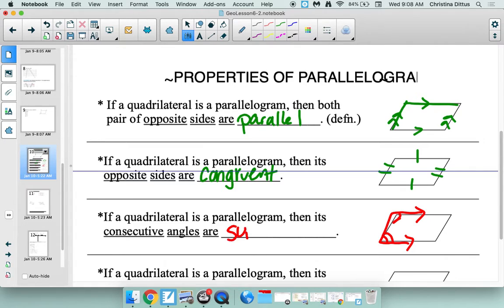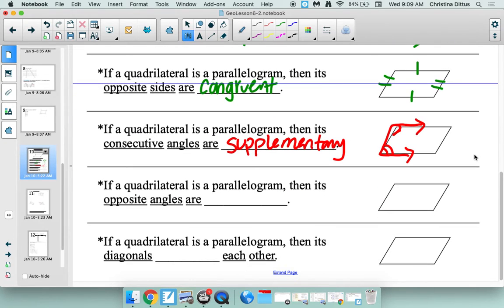So any angles that are next to each other add up to 180. So these add up to 180 and these add up to 180, which means that the ones across from each other are, any guesses? They're equal. Yeah, they're congruent.